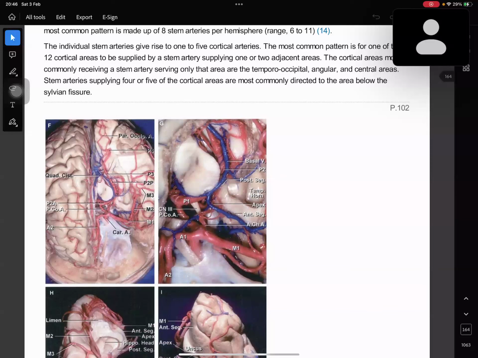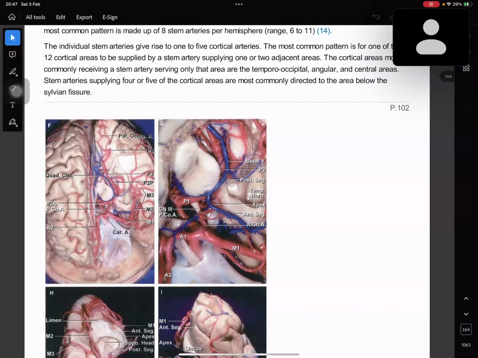He will have a memory loss in the anterograde form. That's the principal vascularization area of the P2P.